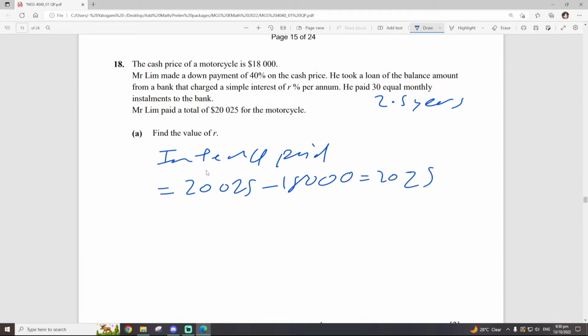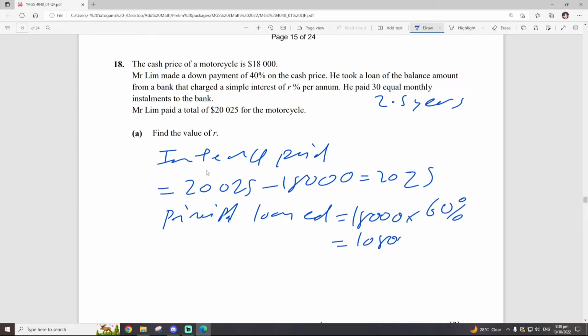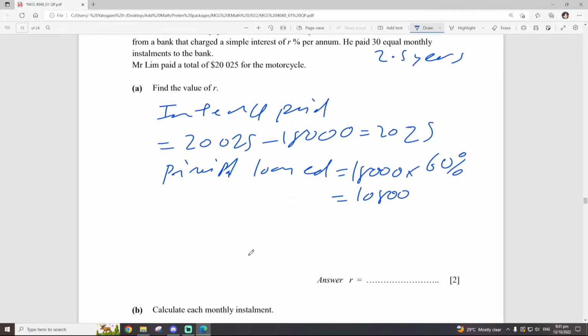So the principal loan will be the total price times what you didn't pay for the down payment, which is 60%. So this is 10,800. Okay, so you generate a total of 2,025 interest. So simple interest of R% per annum, so that's 2.5 R.